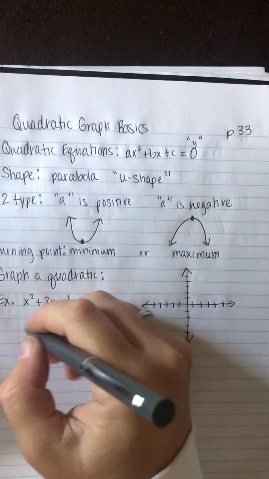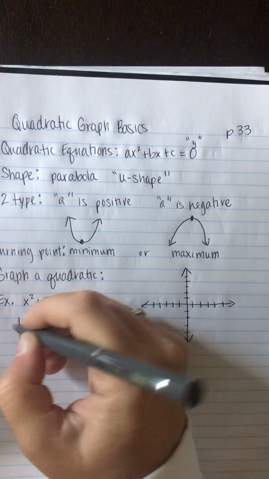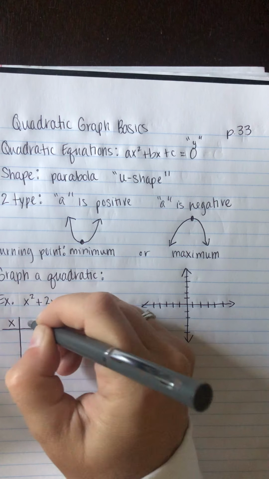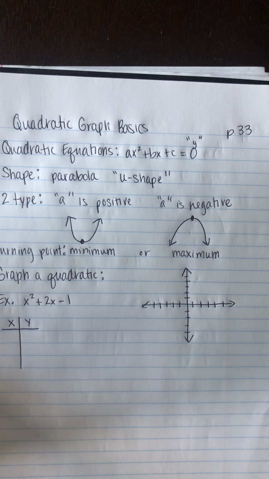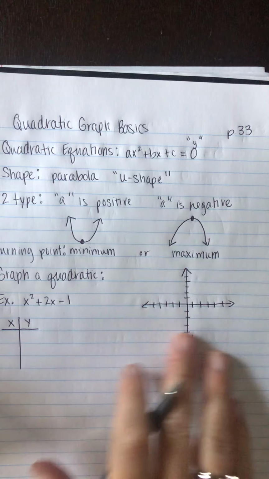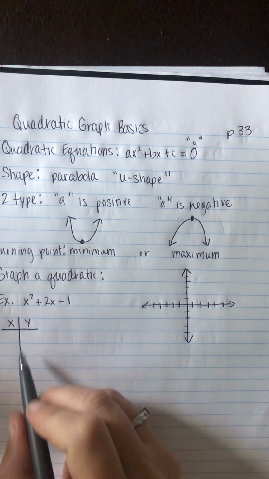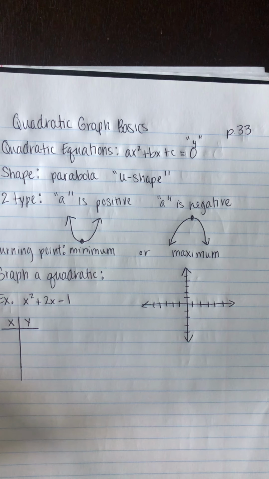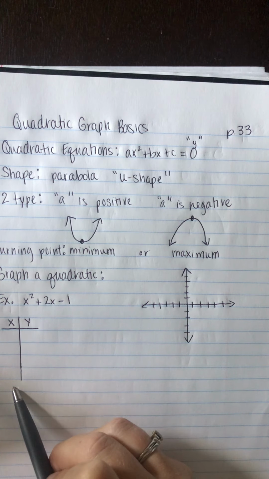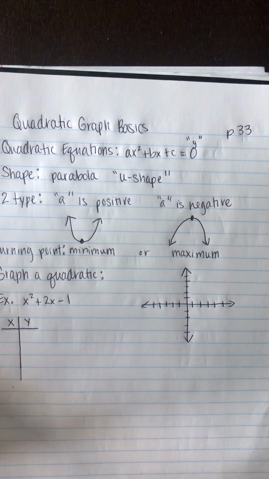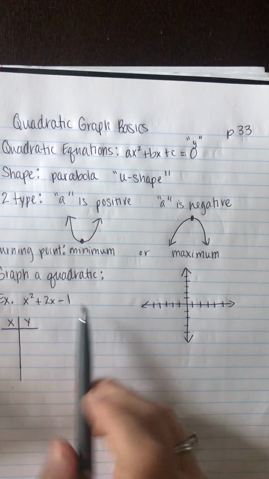And the way you're going to graph it is we're going to make this xy table here, and we're going to come up with some points to go on our graph, and we should see that U shape. So if you want to find some easy x's to work with, I like to stick with -1, 0, 1, 2, those kind of x's, because they're just easy to plug in.